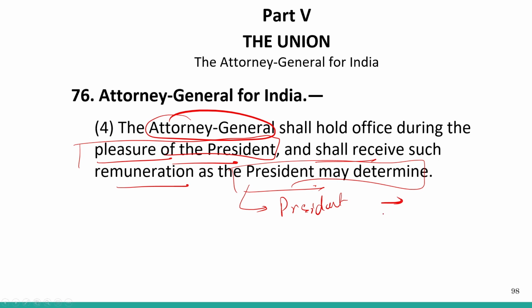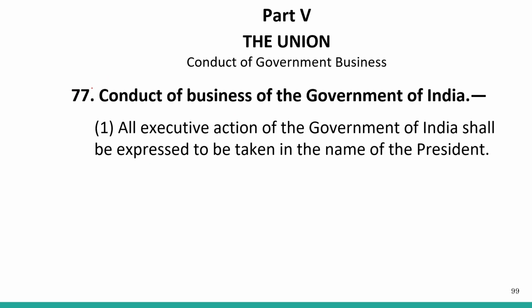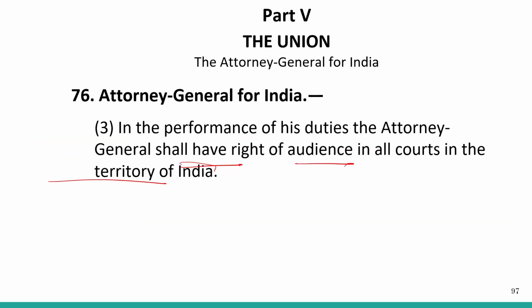Will the president decide the remuneration by himself? No. In this particular case, the remuneration will be decided by the president only on the aid and advice of the Council of Ministers. So this is something that you need to remember under Article 76, that is Attorney General of India.